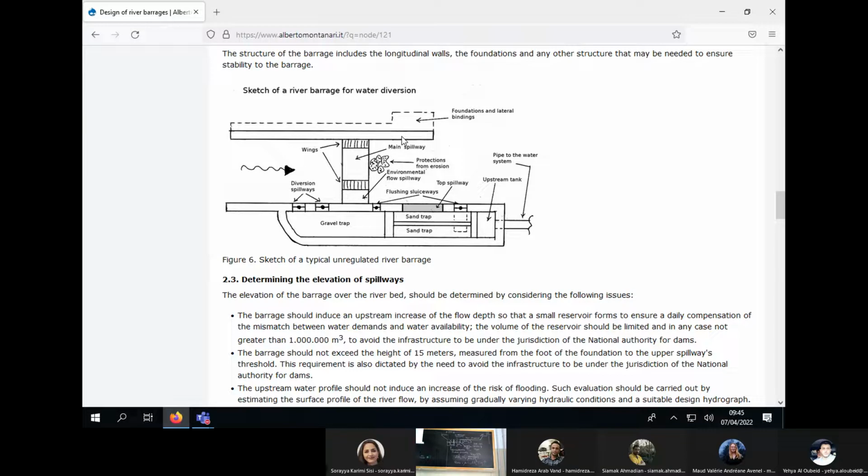And water is indeed a public good. You may remember that some 15 years ago, we had a referendum in Italy, which decided whether the water should be managed by private companies or not. And the referendum did not pass, which means that today the managers of water in Italy are a mix between private and public companies.